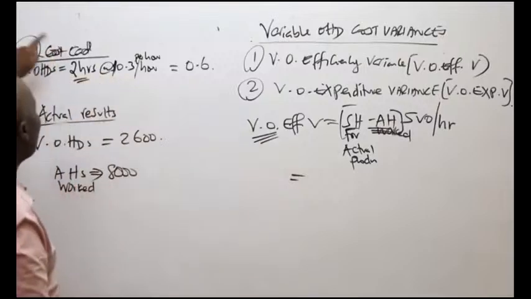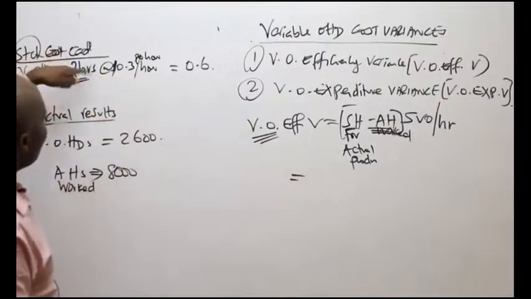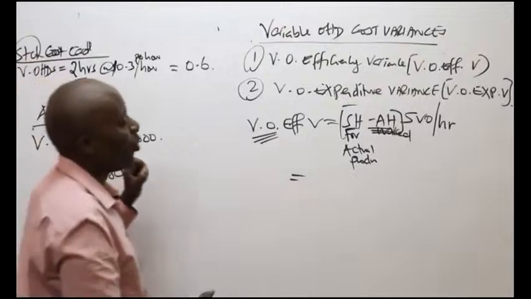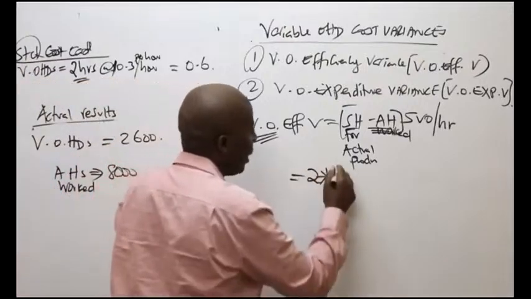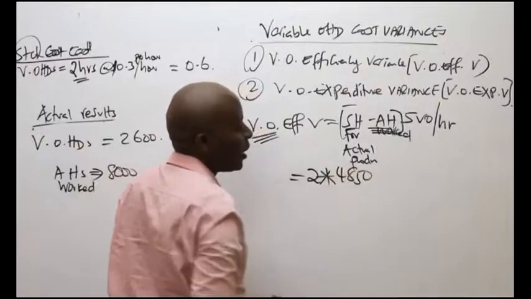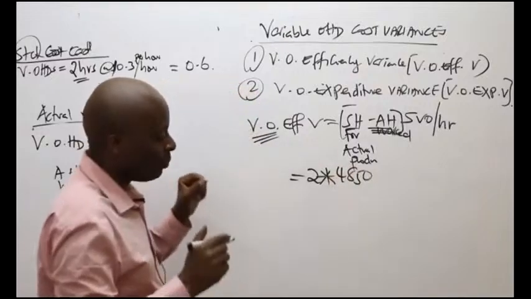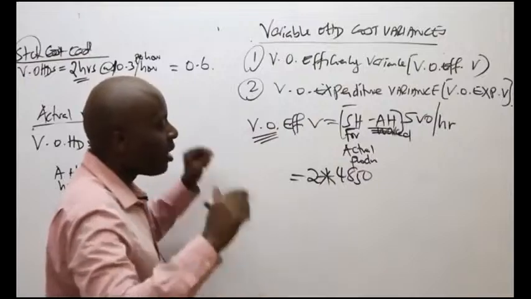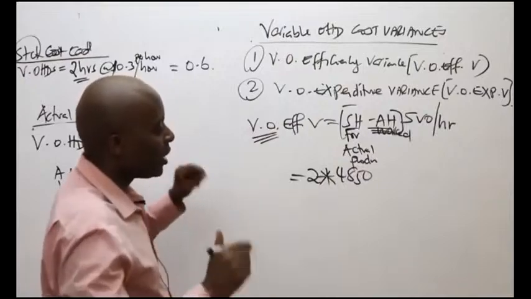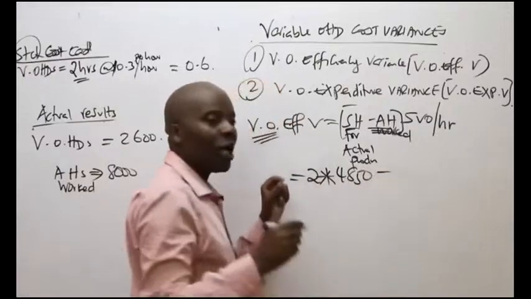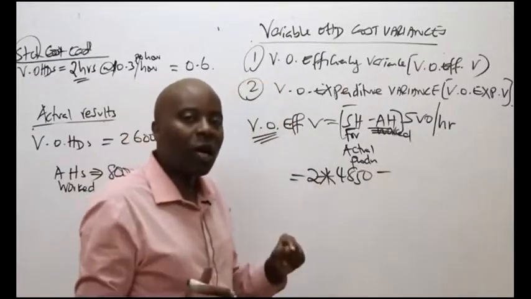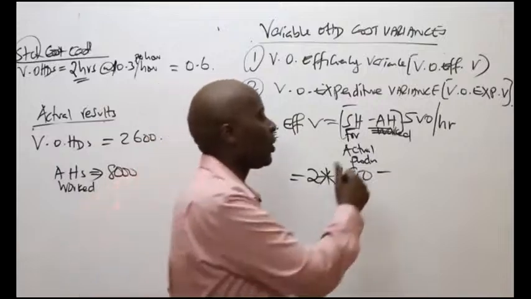If you look at your standard card, the standard hours are 2, times the number of units actually produced, which were 4850, minus the actual hours. The actual hours we worked were 8,000.